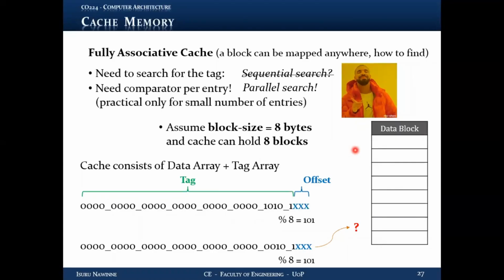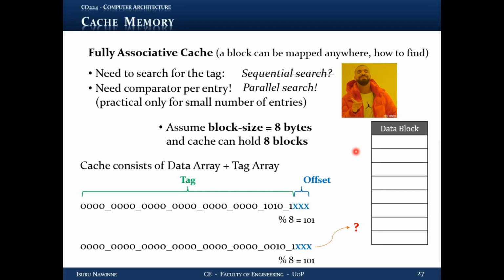To do that, how do we do this? You need one comparator per entry, right? Do a parallel tag comparison. Remember the tag comparison we did with the direct mapped cache? We find the correct entry using the index field and then compare the stored tag with the incoming address tag.